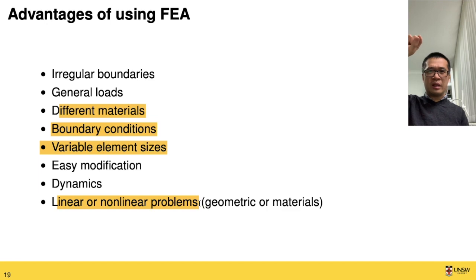But you know that after the yield point, the material starts to deform plastically, so the curve is no longer linear. The stress-strain curve starts to bend. In that case, you introduce non-linearity into the problem. You can still solve those problems using finite element analysis, but that makes things a lot more complicated, and we are not going to cover those aspects in this course.